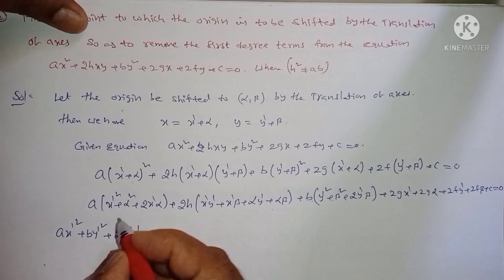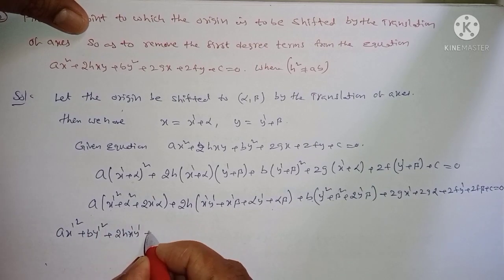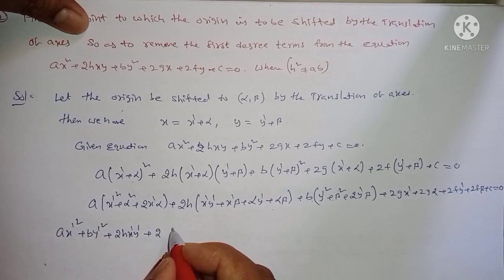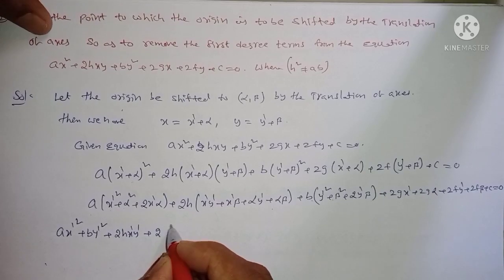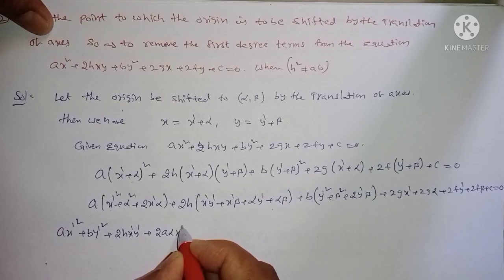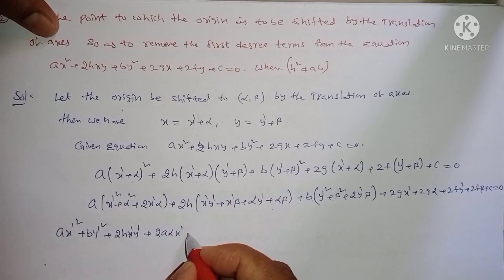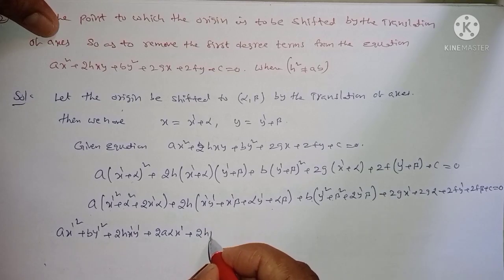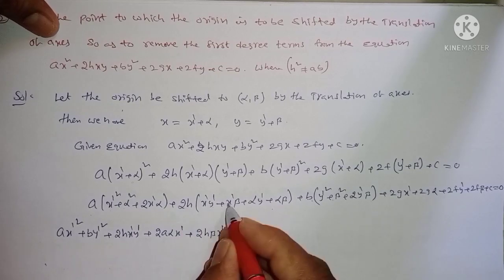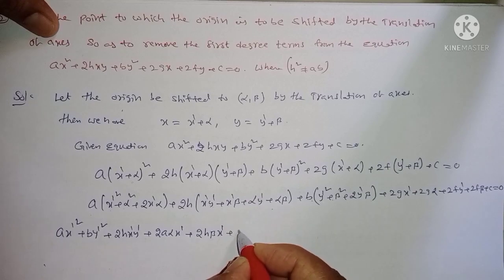Next, 2a alpha x dash, and 2h beta x dash, 2h alpha y dash.